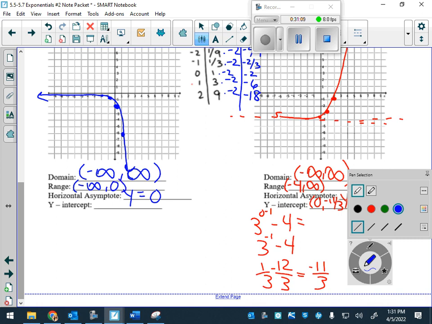So when you have a reflection, your range will change, okay? -infinity to your asymptote, okay? So reflection changes your range. It also changes your y-intercept. CC? Yep. 0, -2. Okay, good, excellent.